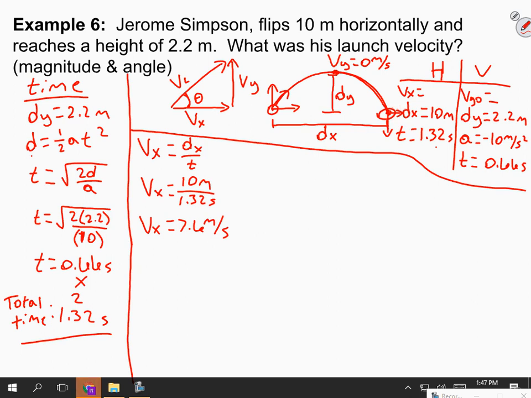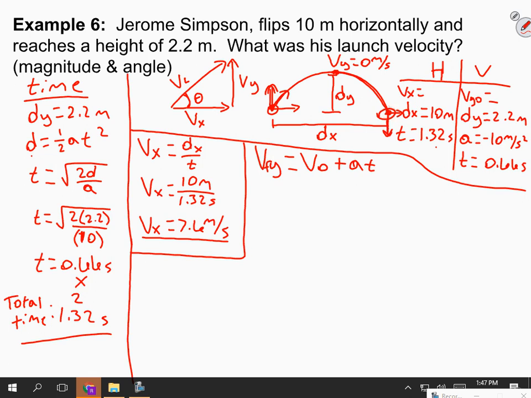Alright, so that is excellent. We need that. Now Vy is the initial velocity plus at. So I'm going to say that this is the final velocity here, because I'm going to go from the top down again, makes it easiest, because I know at the top my vertical velocity is 0. So really you're just solving for the final vertical velocity at the ground is going to be the same. So the final vertical velocity here is going to be the same as when it left here. So it doesn't make any difference which one you solve for.